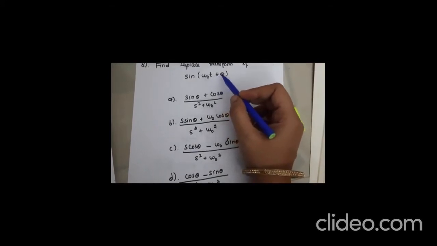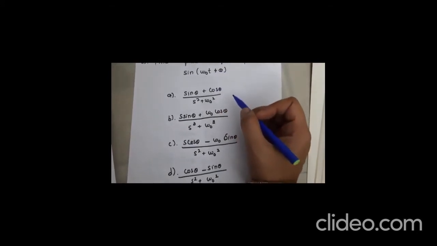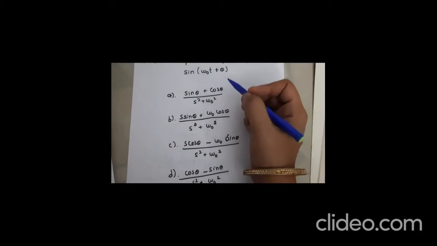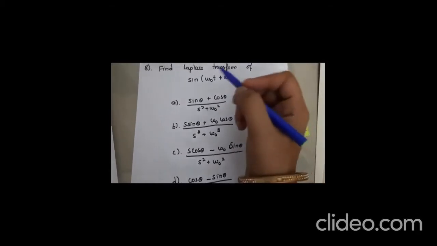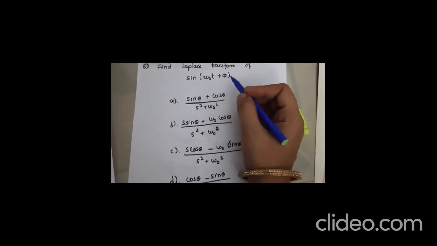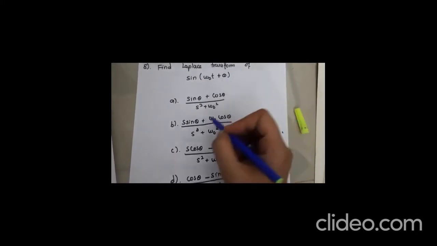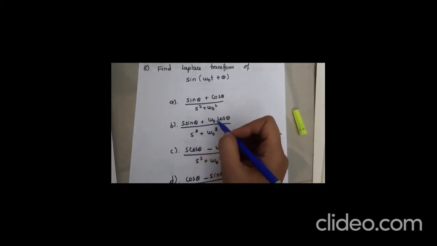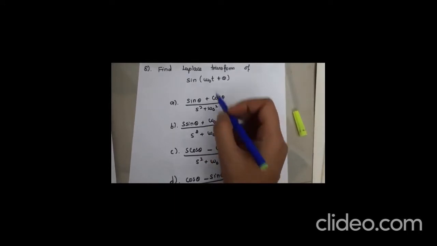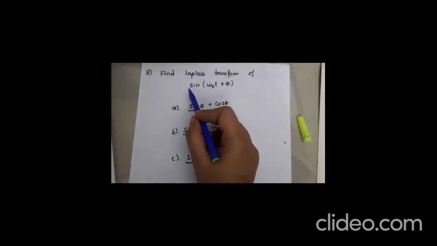The 8th question: find the Laplace transform of sin of omega naught t plus theta. I shared that important Laplace transform pair, so we just go through it. The Laplace transform of this signal is s sin theta plus omega naught cos theta divided by s square plus omega naught square.